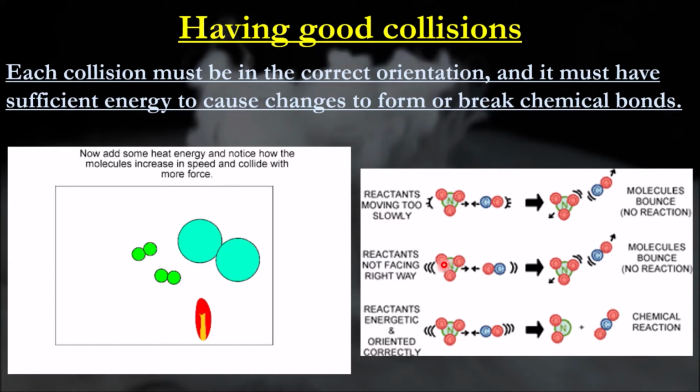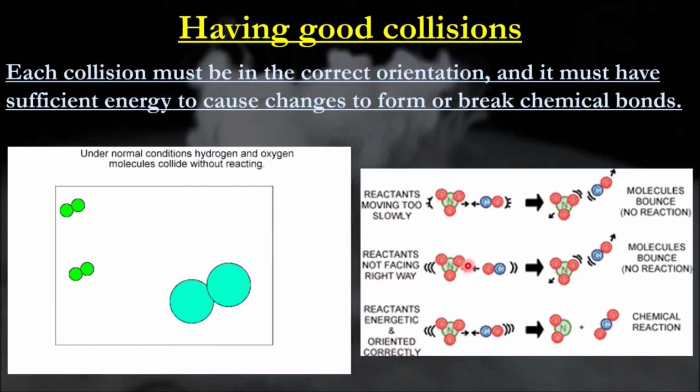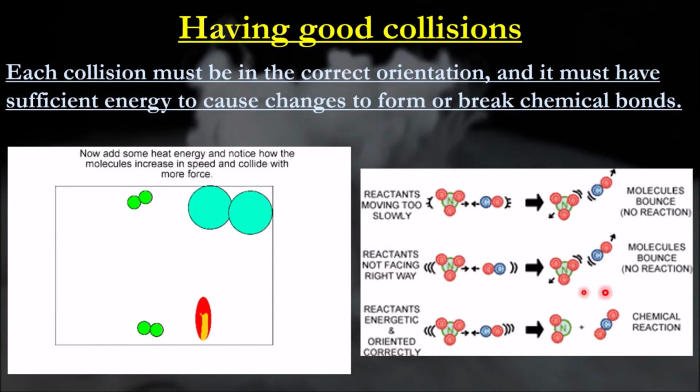Okay, so you can see we have NO3 and CO here. When they collide, the oxygen is orientated to collide with another oxygen. This isn't the correct orientation for this particular reaction to occur. So what will happen is they just end up bouncing off each other and no chemical reaction occurs.